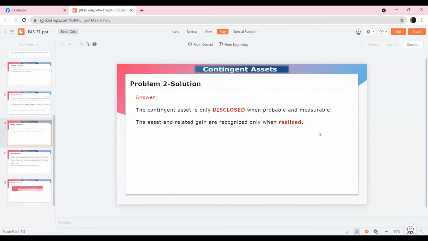Ibig sabihin, i-record mo lang yung asset saka yung related gain kapag talagang sure na makakatanggap ka na talaga ng 1.5 M based doon sa estimate. So kung wala pa, contingent lang yon. And kung contingent lang yon at probable, disclose to the notes to the financial statements. So next problem.